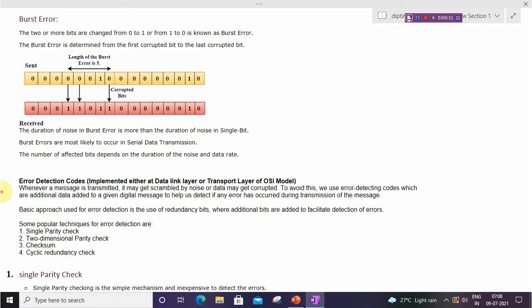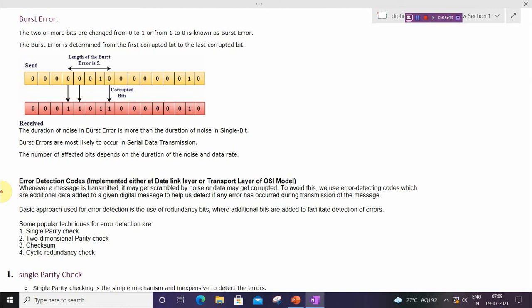And to avoid this, we use different error detecting codes, which are additional data added to the digital message to help us detect if any error has occurred during the transmission of the message. Means the error detecting codes are some extra bits added to the original bits to detect whether there is an error or not.